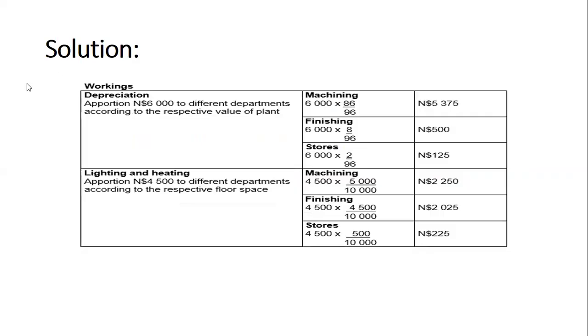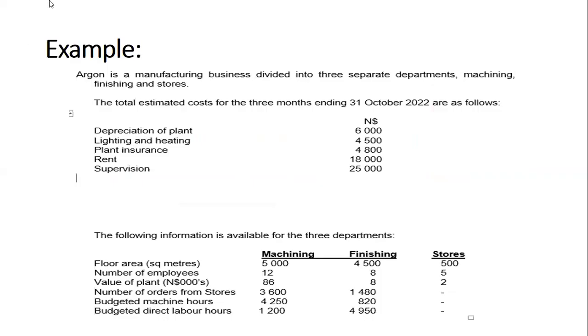In answering this question, remember what we're doing is apportioning the overheads. Which ones are the overheads here? Depreciation of plant is an overhead. Lighting, plant insurance, rent, and salaries to supervisors, or supervision, are overheads.